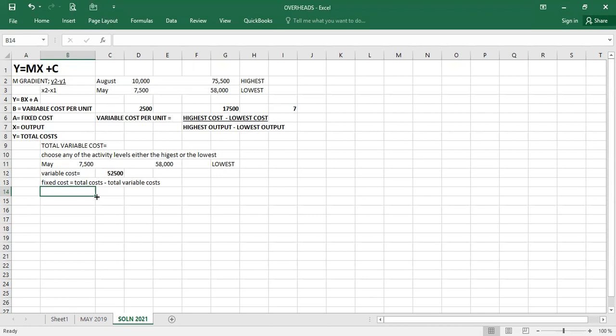So to get the fixed cost, fixed costs will be equal to this 58,000 minus the 52,500.